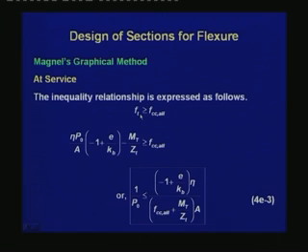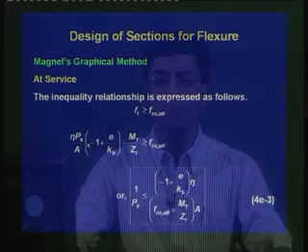To satisfy the inequality relationship Ft greater than Fct allowable, we are substituting the expression of Ft, and then transposing the terms such that we have 1 by P0 on the left and all other variables on the right side.